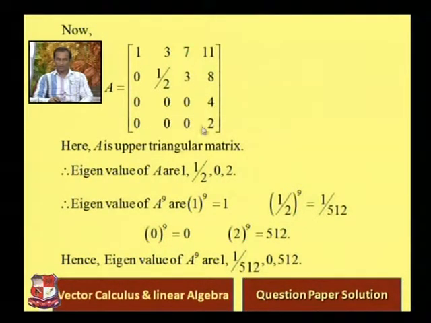So 1, 1 by 2, 0 and 2 are the eigenvalues of A.